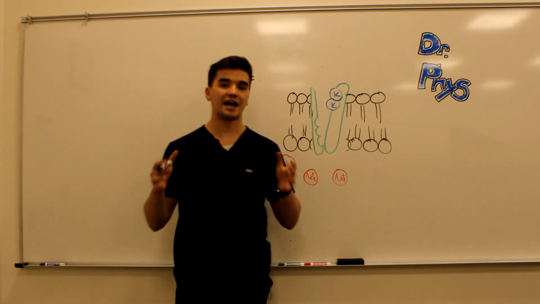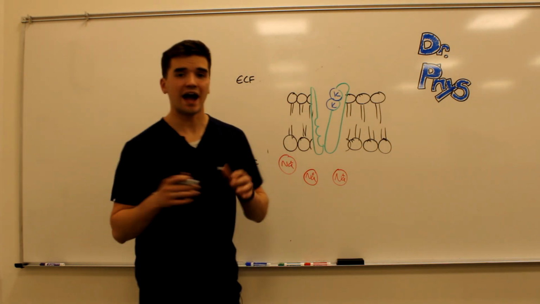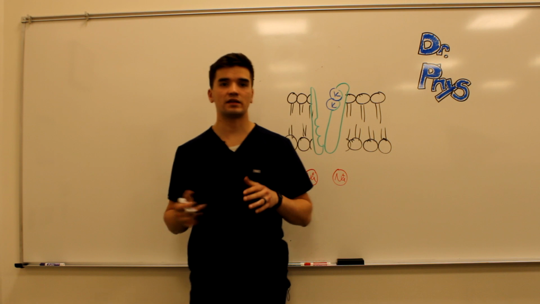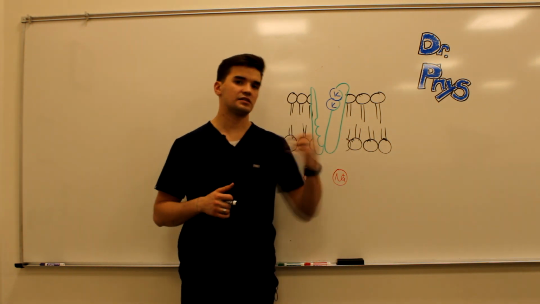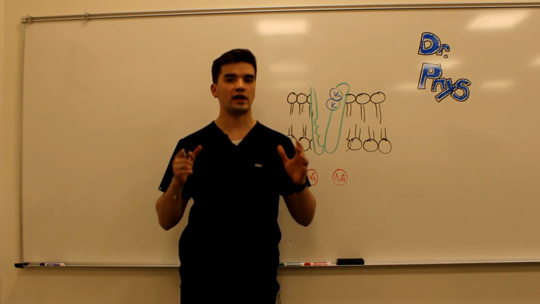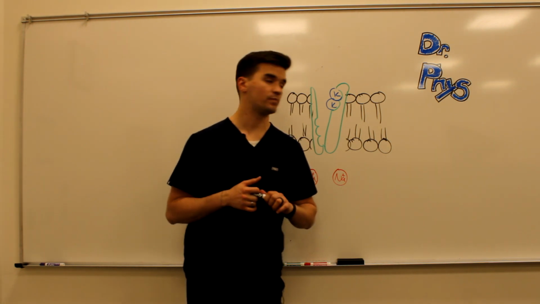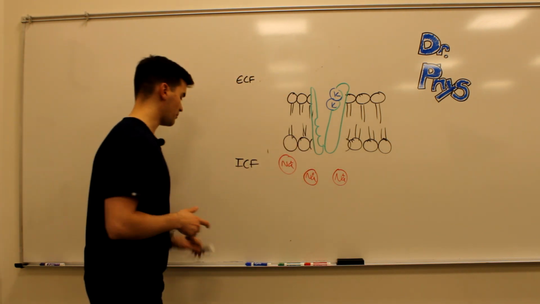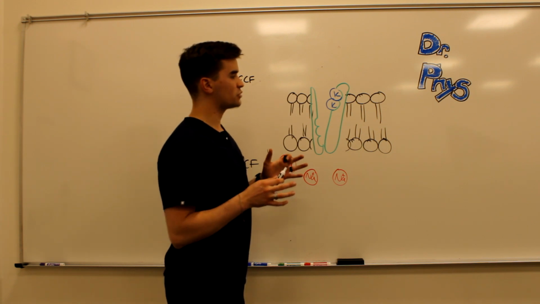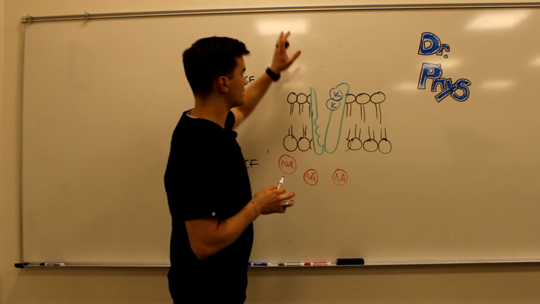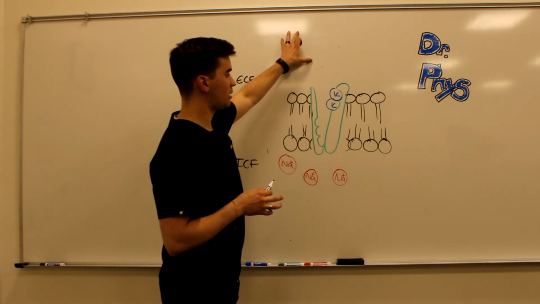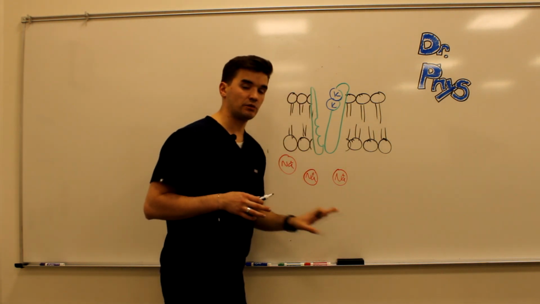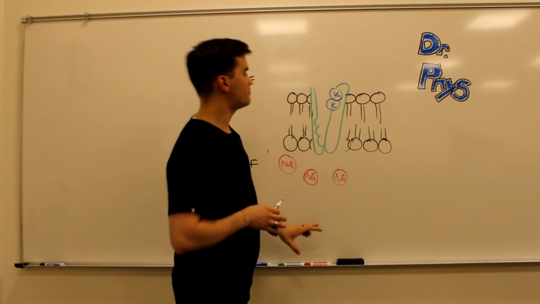Let's move on to active transporters. Active transporters fundamentally will move ions against their concentration gradient. Let's look at something called a sodium-potassium pump. The sodium-potassium pump is an active transporter that will take potassium from outside of the cell and pump it inside of the cell, and will take sodium that's inside of the cell and pump it out of the cell.